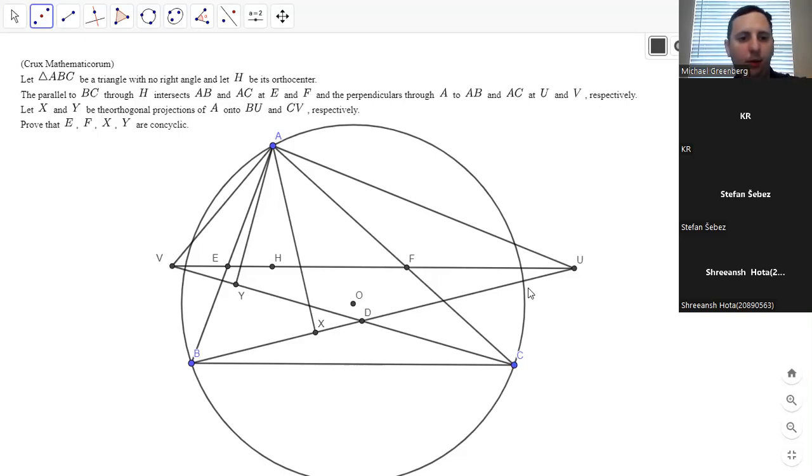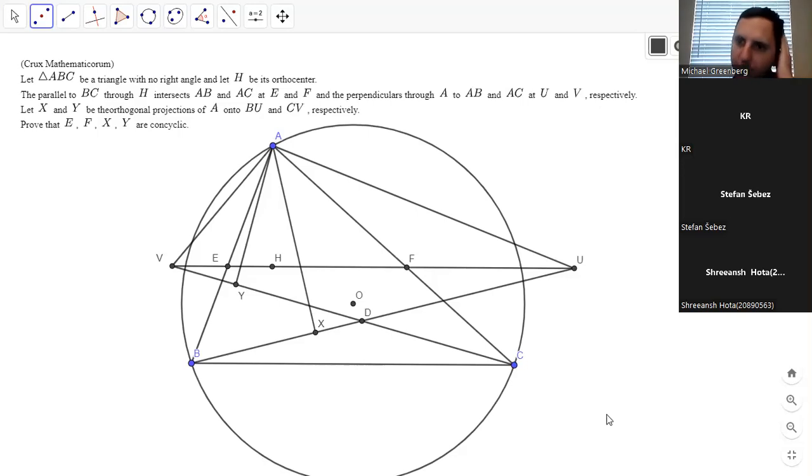I mean, I guess, yeah, you have to use that H and O are like isogonal conjugates, right? Somehow. It may be an angle chase, but homothety can also do it, like you take the antipode of A. Okay, maybe it isn't enough, but it is something that we should prove.